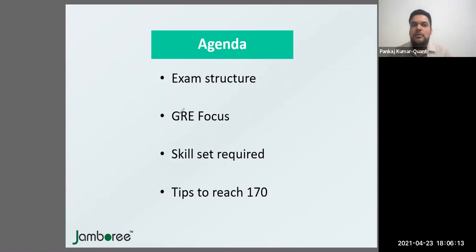Exam structure, their focus area, because we should understand, if I'm giving the IIT exam or some JEE and all, they have their structure in their mind. What are they testing? Same for GRE. When every bit is added, then we can relate what exactly they are trying to understand and how we can react to it.